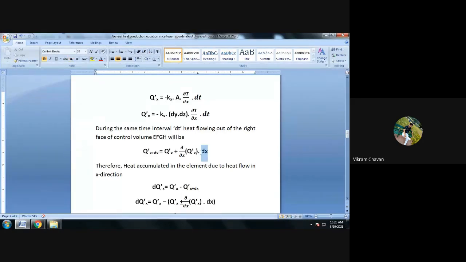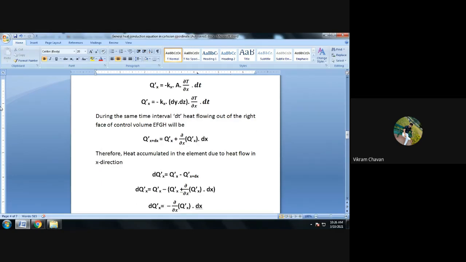What is dx? It is the total length. And for a small interval this much change is happening, in the total heat entered. So that we have to determine, and for that purpose the equation for q dash x plus dx will be equal to q dash x plus the derivative with respect to x of q dash x, multiplied by the total length.